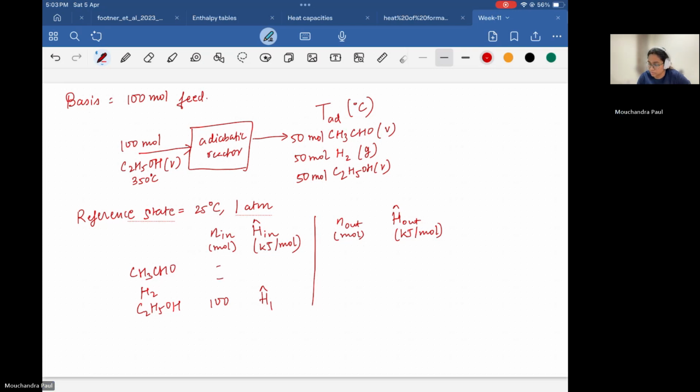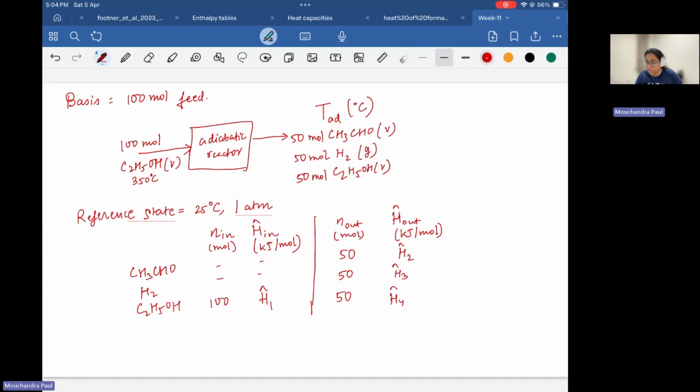Okay, this is not applicable here. What is coming out? Acetaldehyde is coming out as 50 mole. Let's consider its enthalpy to be H2 hat. Hydrogen is also coming out with 50 moles. Let's represent its enthalpy as H3 hat. And ethanol, with 50 moles, let's represent its enthalpy as H4 hat.